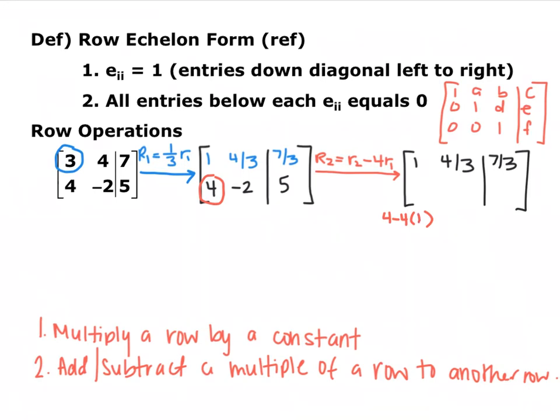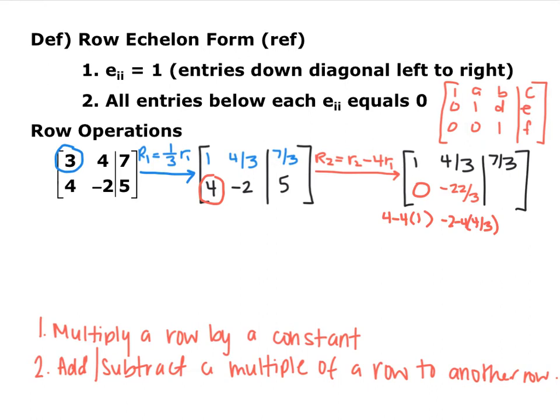So 4 minus 4 times 1, that's just a 0. Now if I move 1 to the right, I'm going to have my row 2 entry, which is -2, minus 4 times the entry right above it, 4/3. So I'm going to have -2 minus 4 times 4/3, which ends up being -22/3.